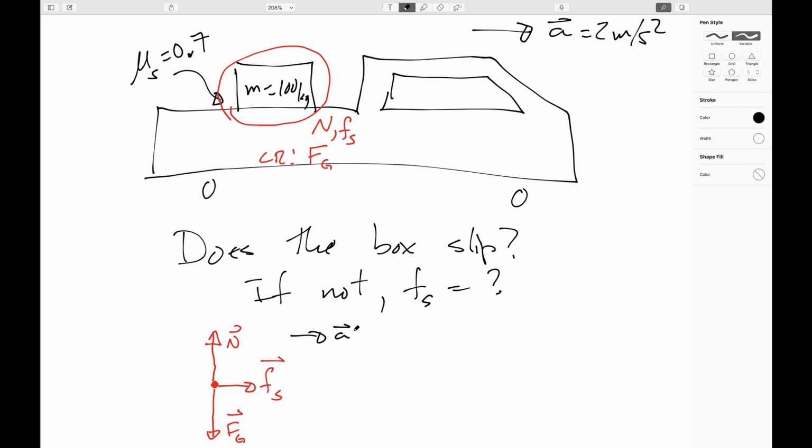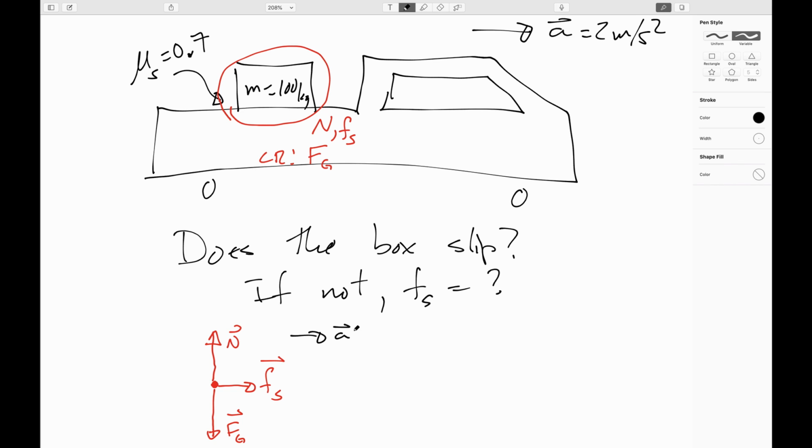The only other force left, because we did our force identification diagram, is friction. And so the net force has to point to the right. Normal and gravity are canceling. So it's got to be the case that friction is the force pointing to the right. Oddly enough.